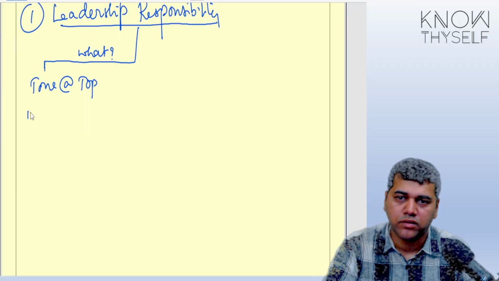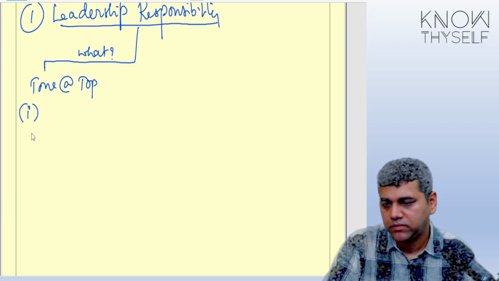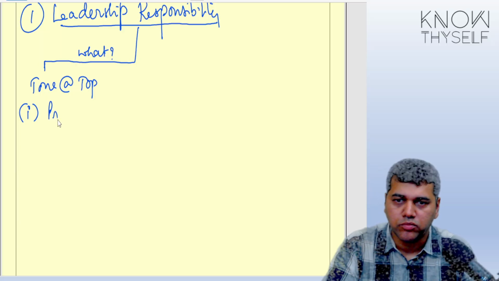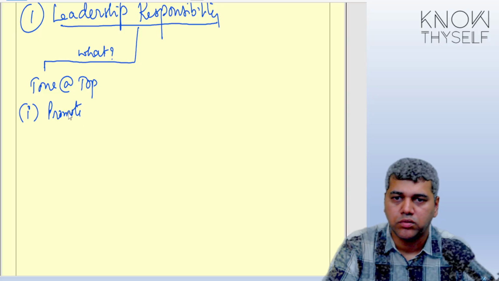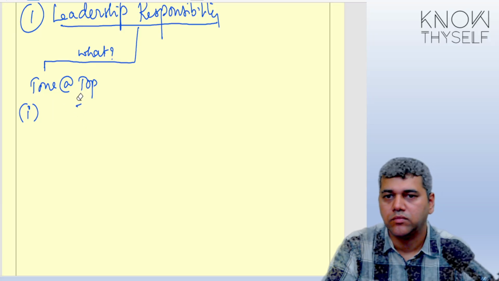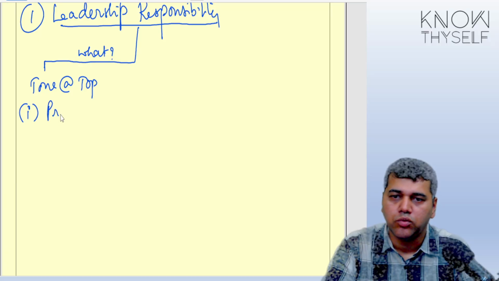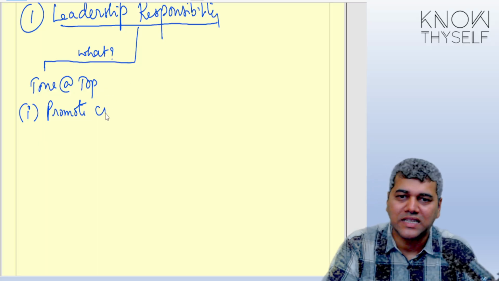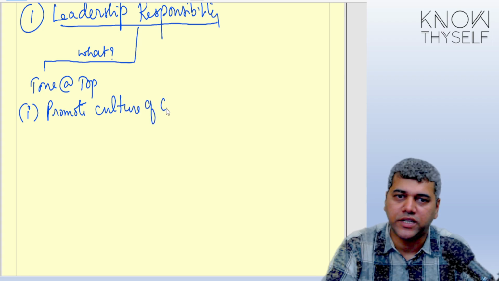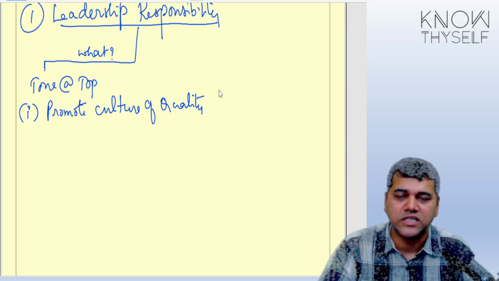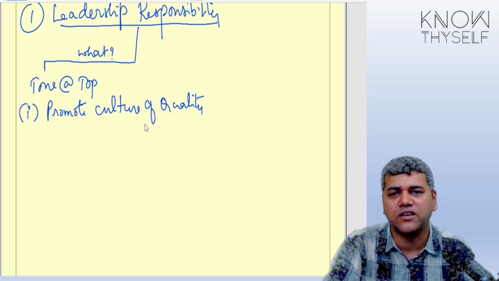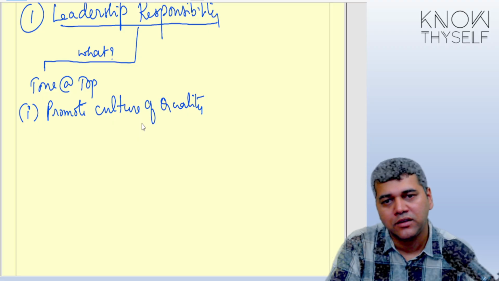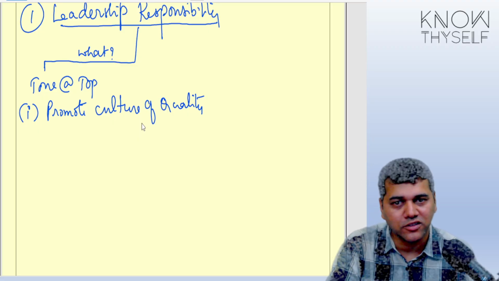Okay, one, promote culture of quality. Culture means belief, the practice, everything is considered, a language, our dance, practice, what you eat, what you speak, these are all part of your culture.